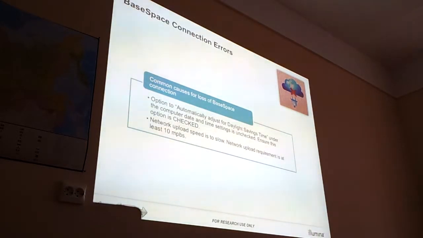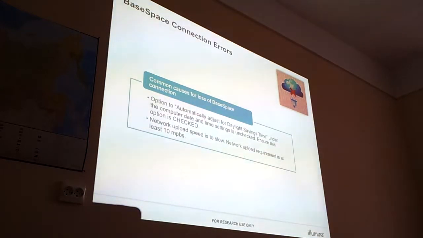Yeah, if you lose connection, it looks like this. So this is a warning showing you that there is no connection. It's a warning on the screen of the NextSeq. The reason can be the time setting. So basically there is no synchronization between the time on your computer and the time on the server.